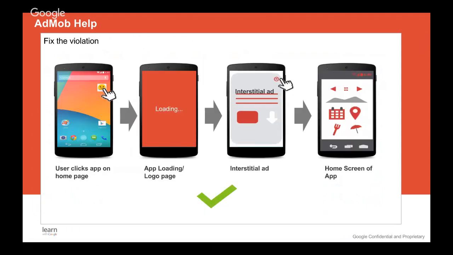This one places the interstitial after the loading page or the logo page. After the person clicks on the icon, we first show a loading page or a logo page, and then the interstitial pops up. After closing it, we see the home screen of the app. This is totally fine because before and after the interstitial, they are two different pages within the app.